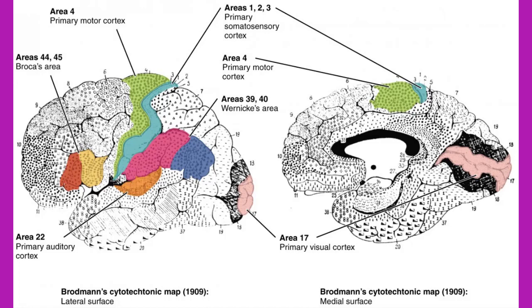The main sensation associated with the parietal lobe is somatosensation, meaning the general sensations associated with the body. Posterior to the central sulcus is the postcentral gyrus, the primary somatosensory cortex, which is identified as Brodmann's areas 1, 2, and 3.